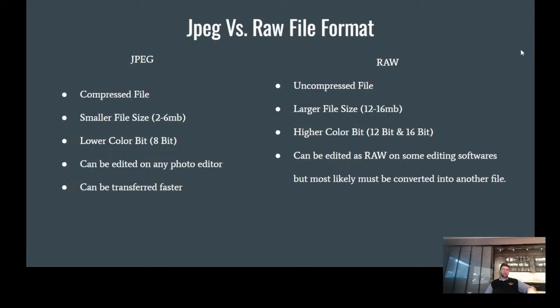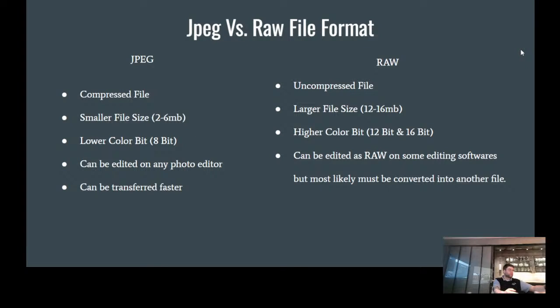Now, when we're looking at the editing process, a JPEG can be edited on any photo editor. So if you have your entry level one that your computer provides you, you can edit the JPEG photo on there. But if you have the RAW file, you have to be able to edit it on software that supports it.